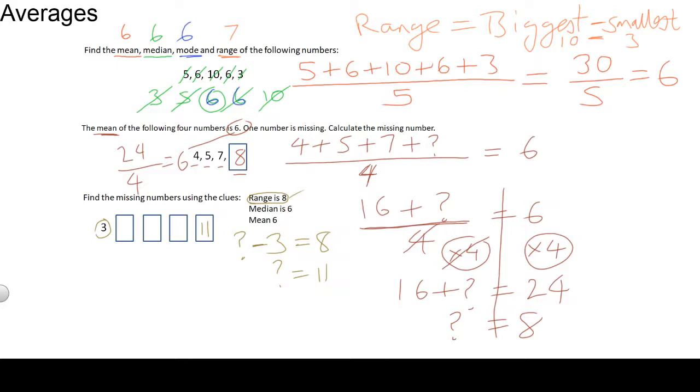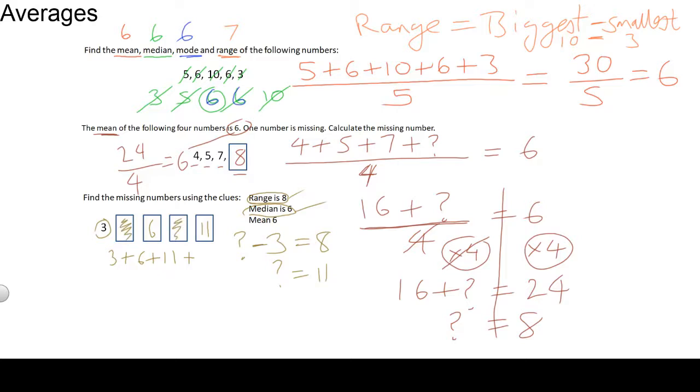Right, the median is 6. That goes in the middle. That's the median. Right, now the mean is 6. The mean of those 5 numbers is 6. So we've got 3, add 6, add 11, add. Well, I'm going to call this and this number together.